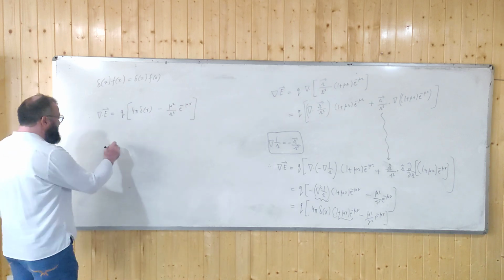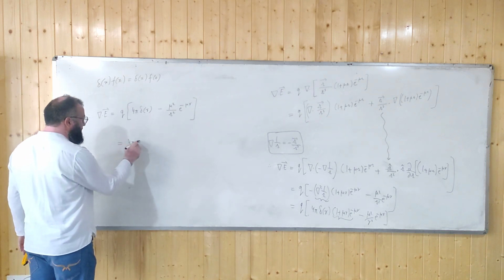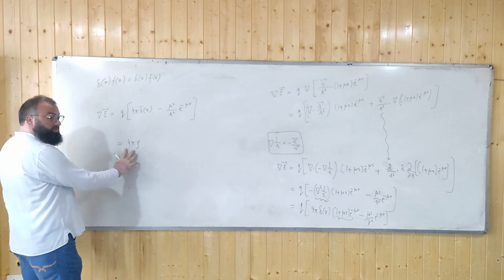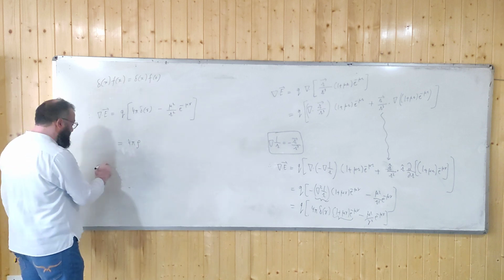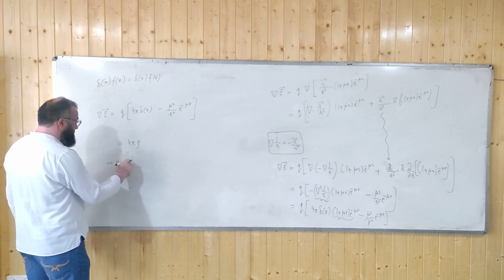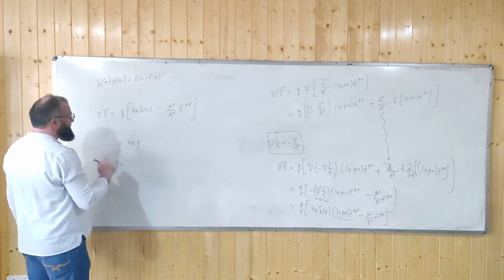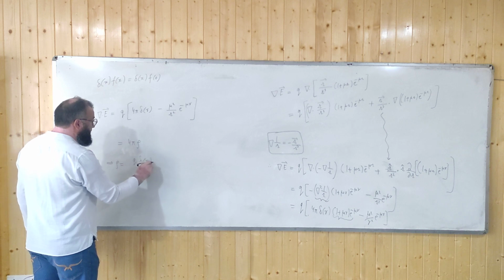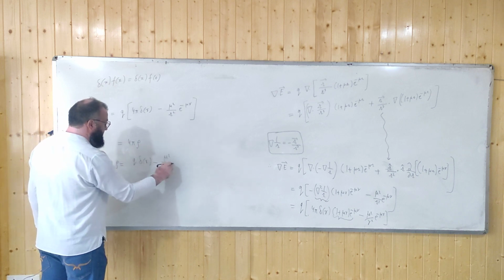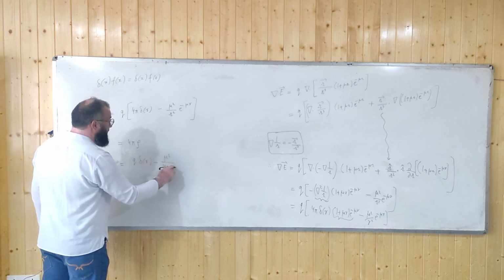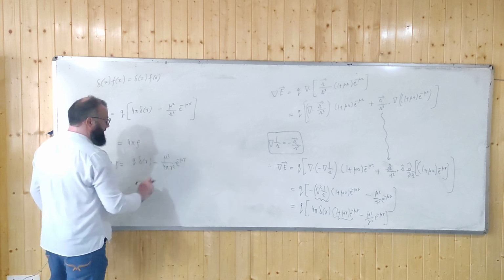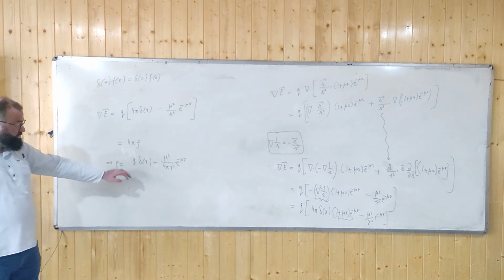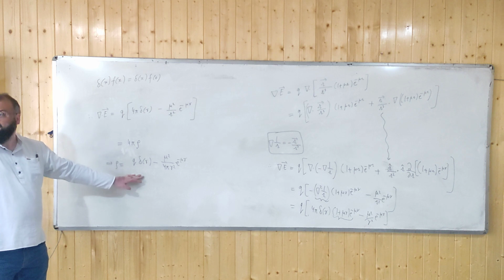Okay. Now that's equal to 4 pi rho, because del dot E is equal to 4 pi rho. So it implies rho is equal to, you divide this quantity by 4 pi, so it is simply q delta of r minus mu square divided by 4 pi r square e raised to minus mu r. Now this is actually the screened charge density.